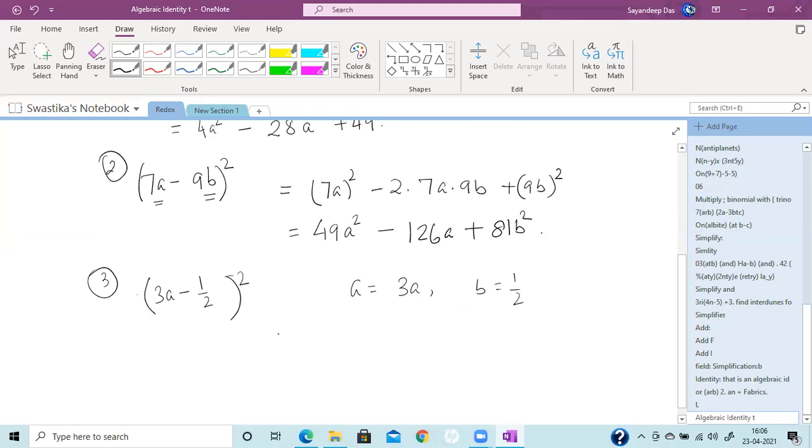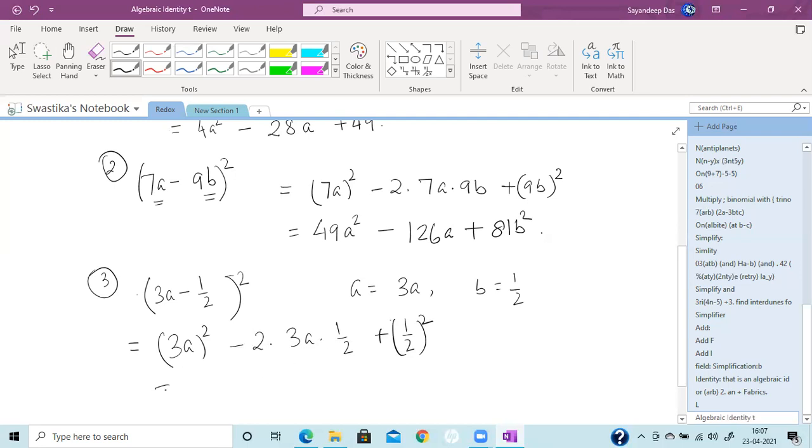If we expand this, we write 3a square minus 2 into 3a into half plus half square.